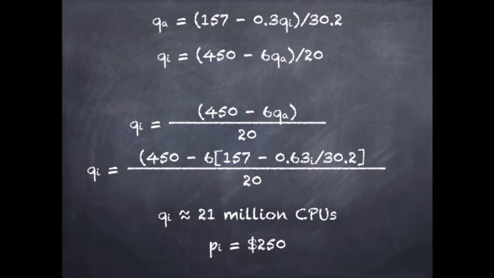We do the same thing for Intel. We insert QA into where QI belongs, as we did here. If we go through and solve that, we end up with QI equals 21 million CPUs, and the price is equal to 250.